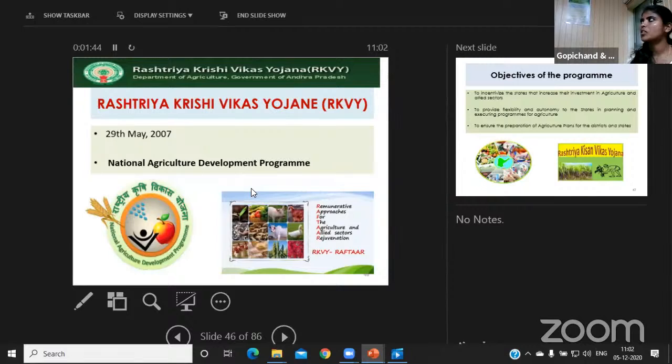And the next scheme is the Rashtriya Krishi Vikas Yojana. This scheme was established on 29th May 2017 for overall development, not only in the horticulture sector but of the country. This program has been implemented on the recommendation of the National Development Council, and they have submitted the report regarding the agricultural activities to strengthen the agriculture and horticulture development in India.